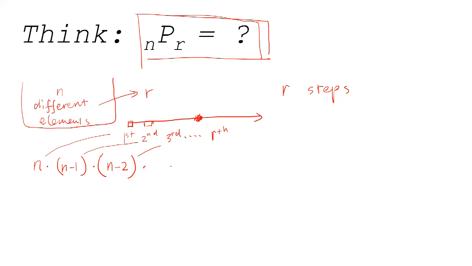Following the same logic, for the r-th step we have n minus r plus 1 choices, right? So according to the rule of product, this is the total number of ways you can complete this task. And we also know that this is denoted as Pnr. So Pnr equals the product of these numbers, right? Any questions here?